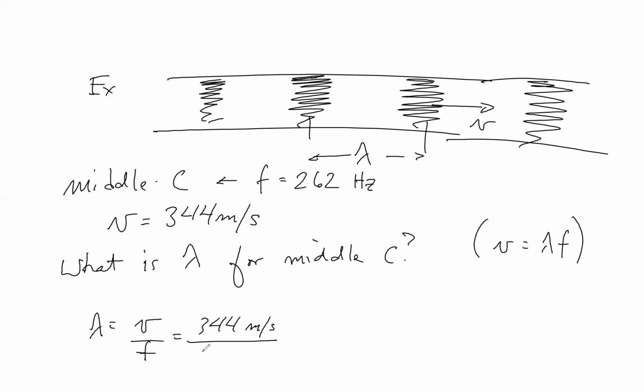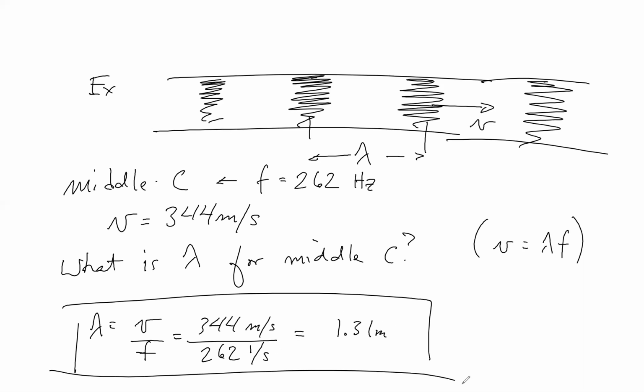And then the frequency was 262 hertz, which really I can express as just 1 over a second. So that 1 over a second in the numerator, 1 over the second in the denominator, they're going to cancel each other out. And I end up with an answer just in terms of meters. And I get 1.31 meters for the wavelength of middle C.